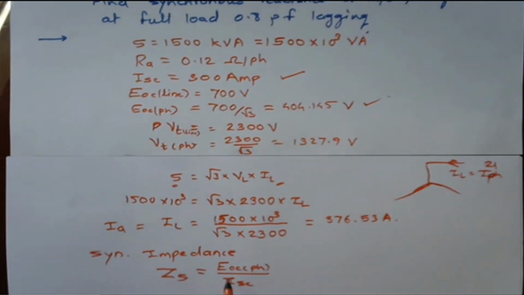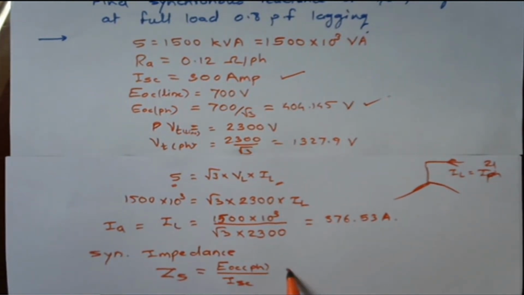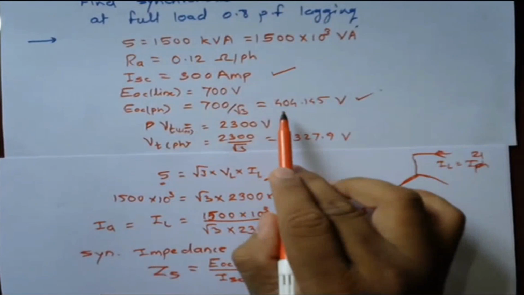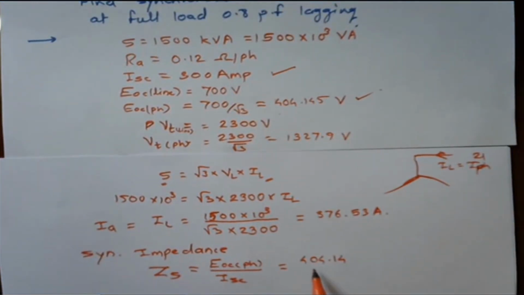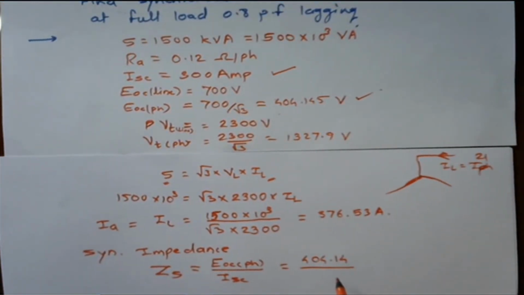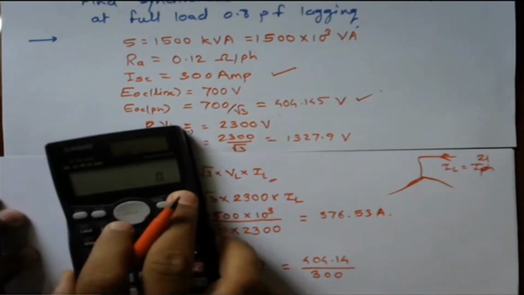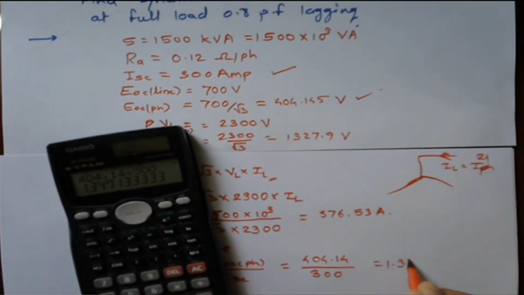That's why we have to consider EOC per phase divided by ISC. EOC is equal to how much? 404.14, this value. And what is ISC? ISC is equal to 300 ampere. Okay, so let us calculate.